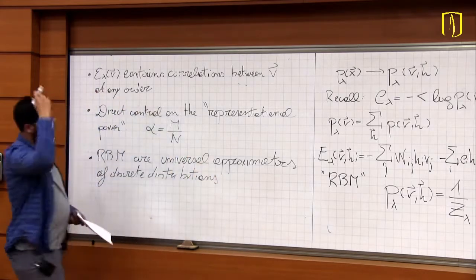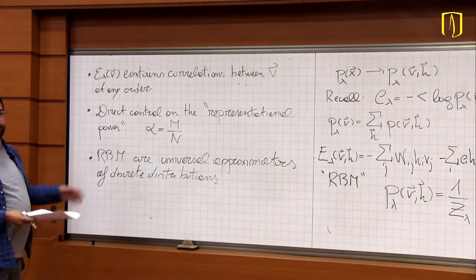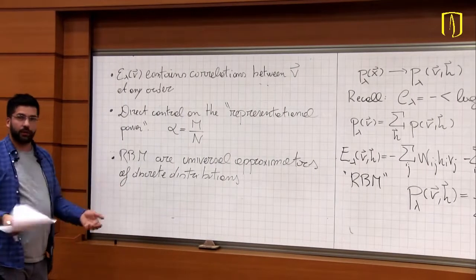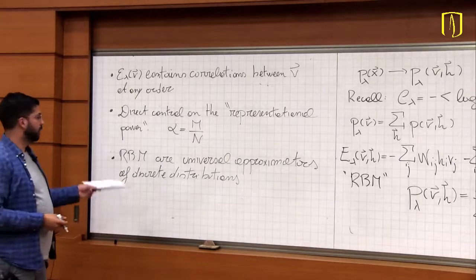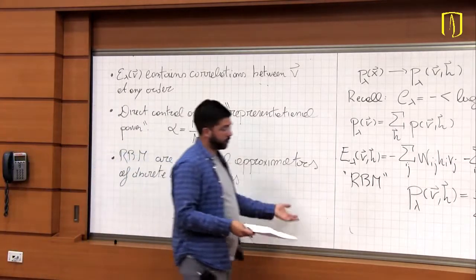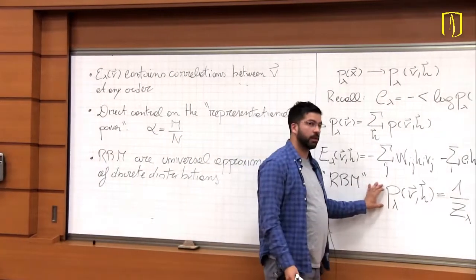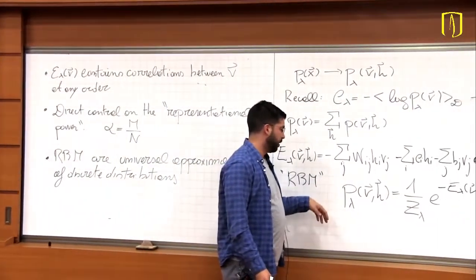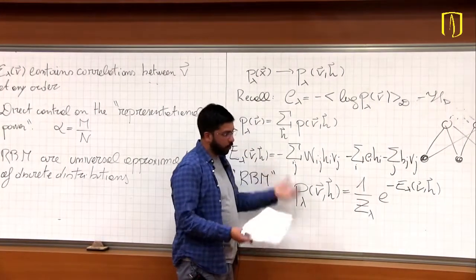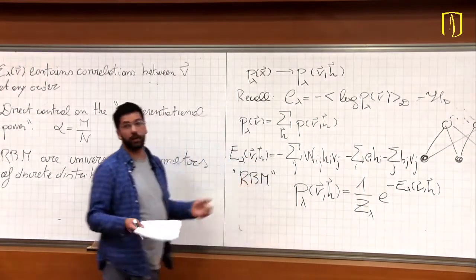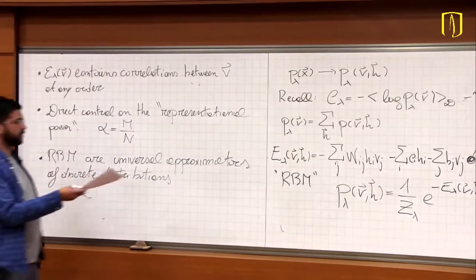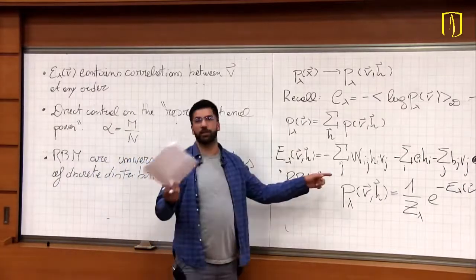And what this means is that there is a theorem: provided that you have enough hidden units, you can essentially discover an RBM which mimics an unknown distribution to arbitrary accuracy. Okay, there is always a catch, of course: this number of hidden units might be exponential.